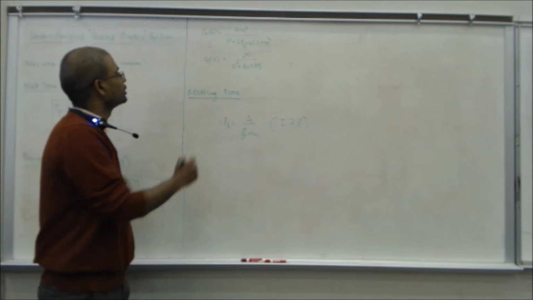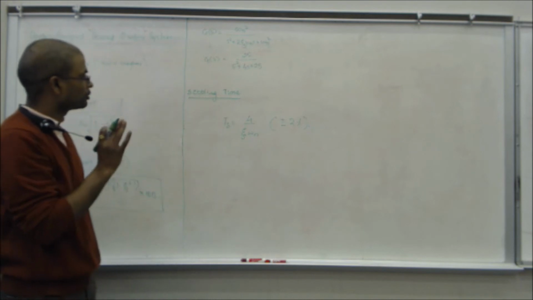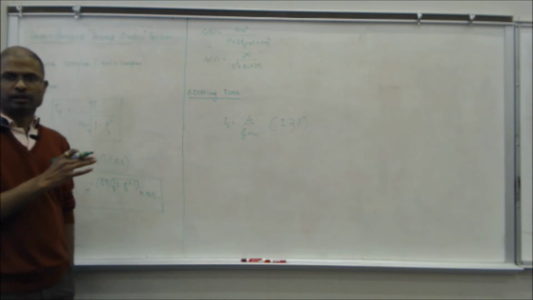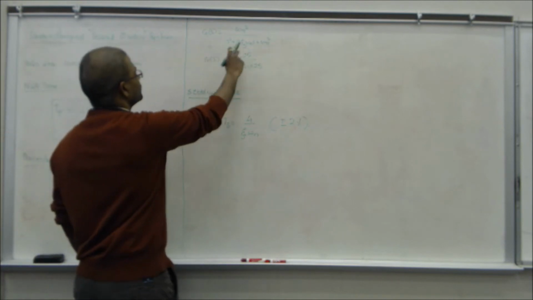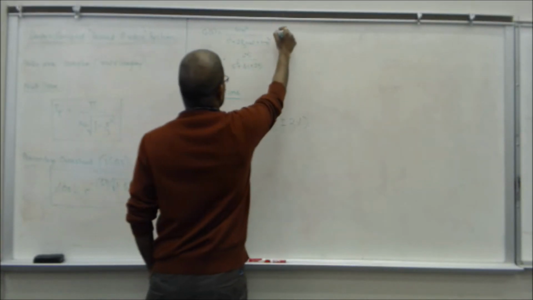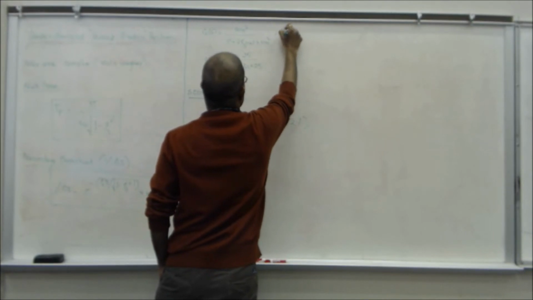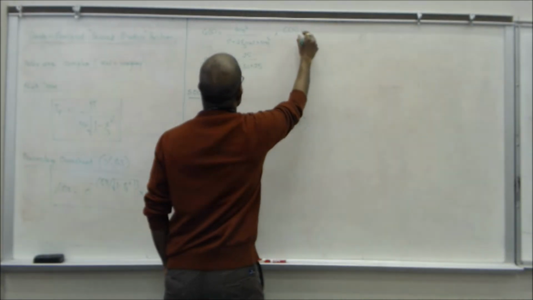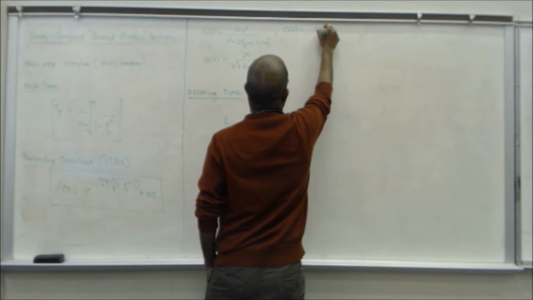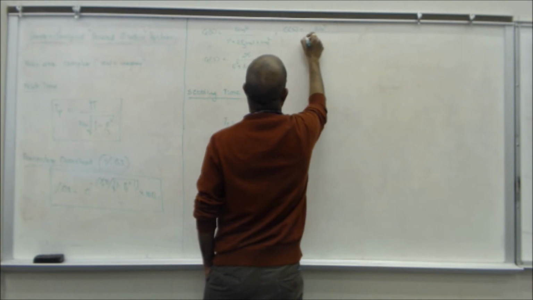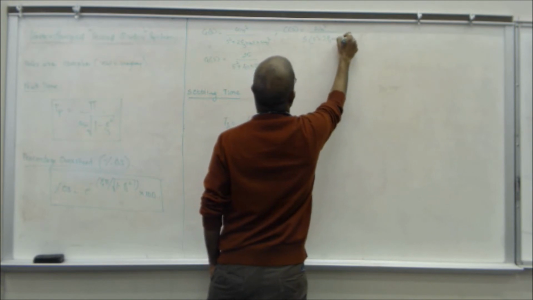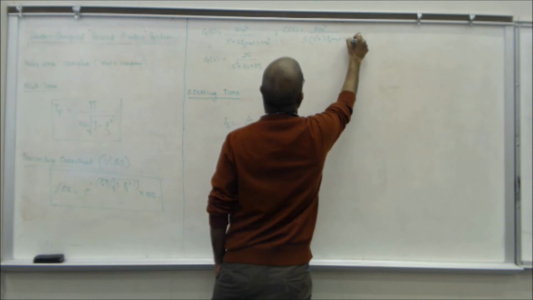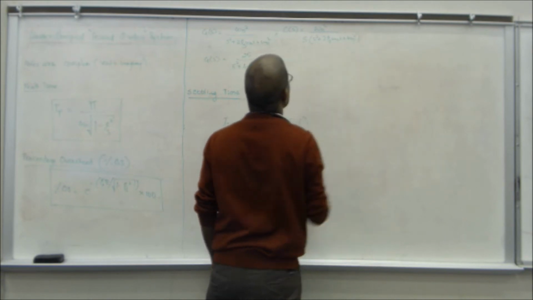If you look at this, and we are talking about step response characteristics, correct? So what is the step response of this system? Step response is C of S is equal to omega n square over S into S square plus 2 zeta omega n S plus omega n square, right?